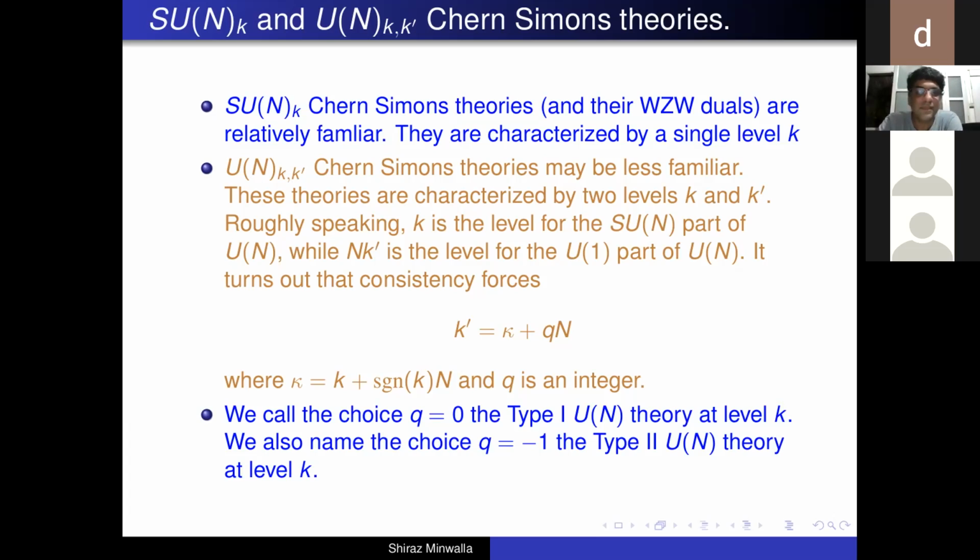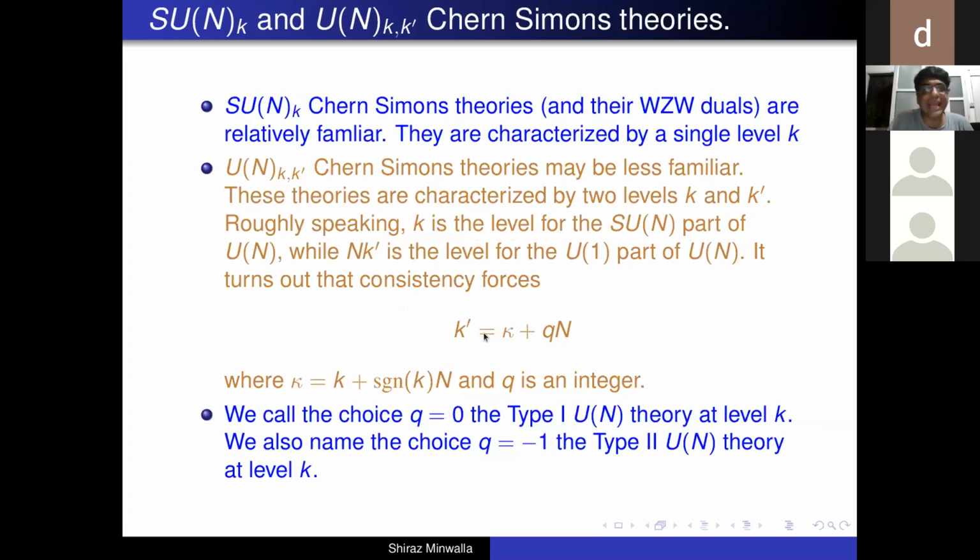Now, of course, globally, UN is not exactly SUN times U1. You have to mod out by a Zn that acts on the U1 and the center symmetry of the SUN. So these two things are linked together.